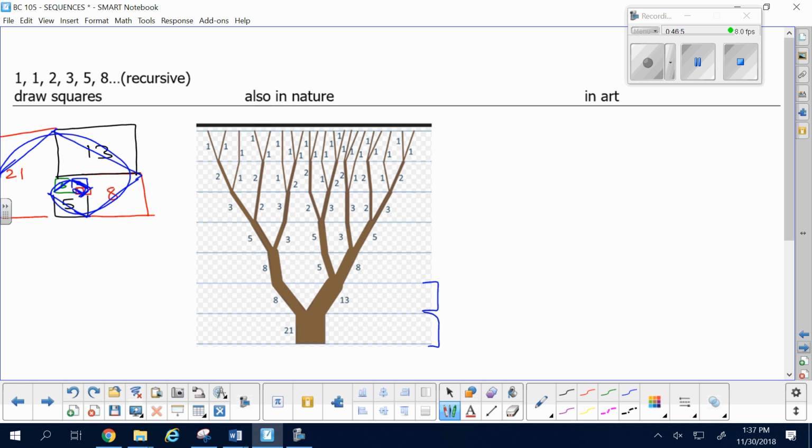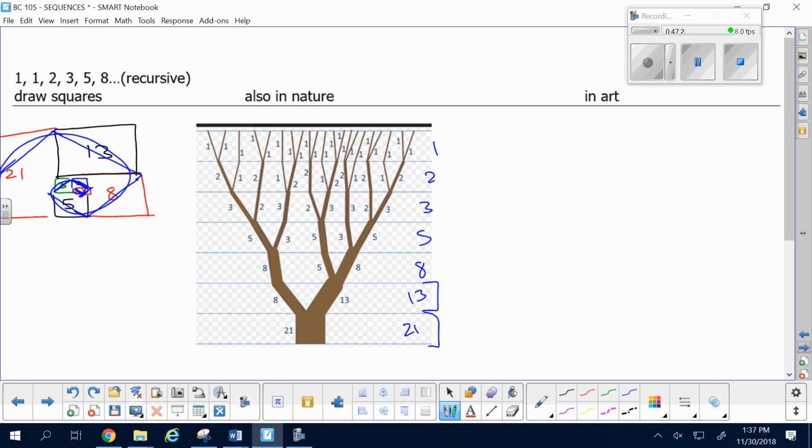After that, they all start to split off, but at every level, the branch splits off into 2 others that add to it. So if you look at the thicknesses of all these, 21 is the thickest, then 13, then 8, then 5, then 3, then 2, then 1. It would form a Fibonacci kind of sequence. That's pretty cool. The thicknesses are also Fibonacci.